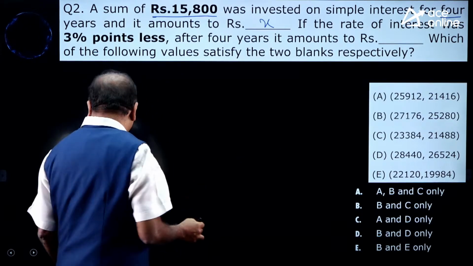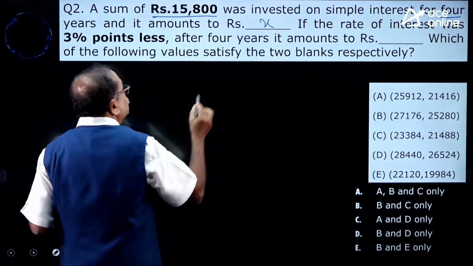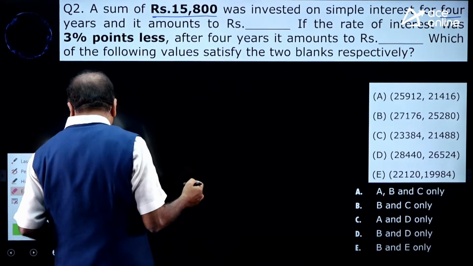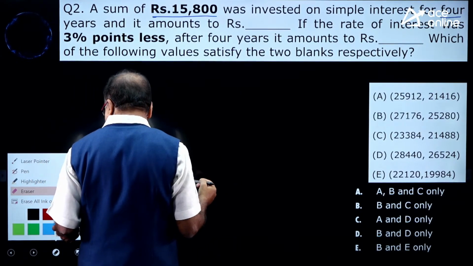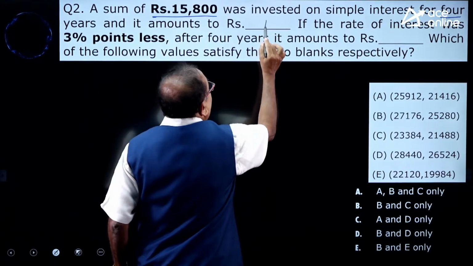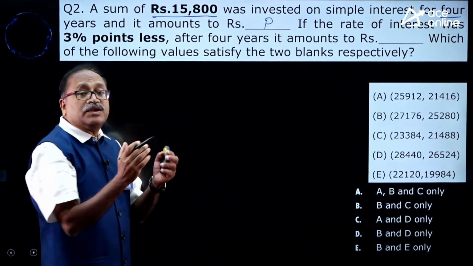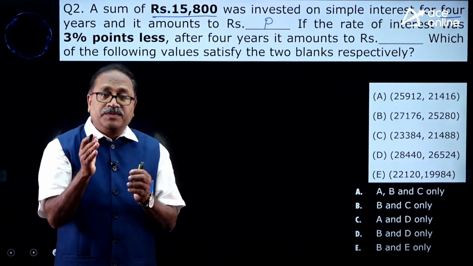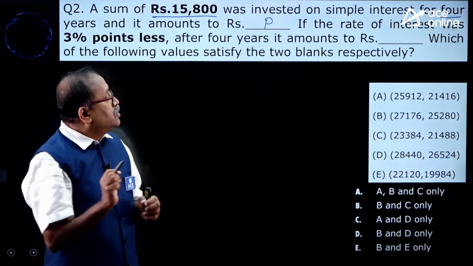Let's assume that, or else I will consider this as P and Q. Okay, so the amount is rupees P. The amount is nothing but principal plus interest.